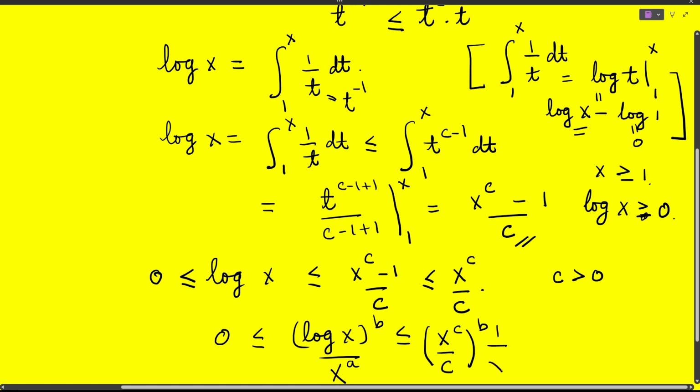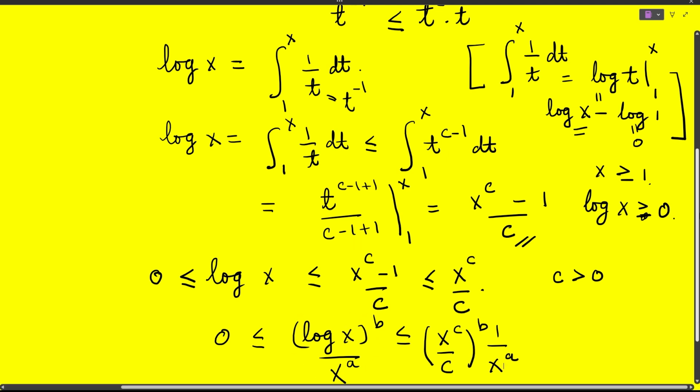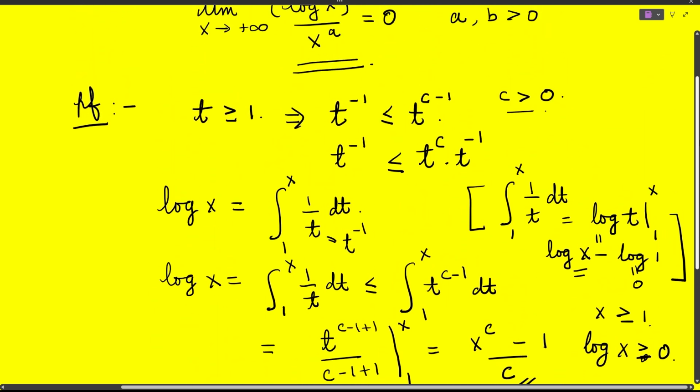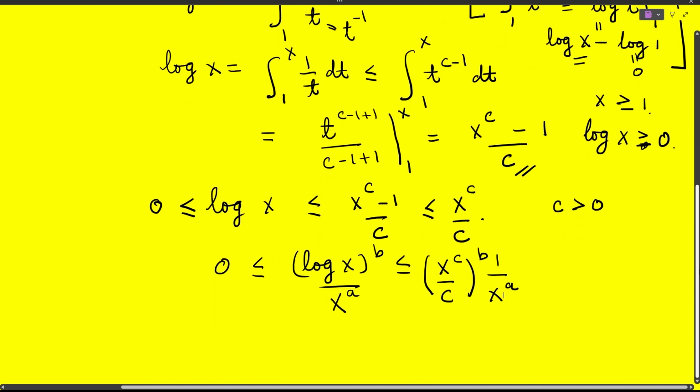You are trying to get an estimate for this particular term, which is the limit that we want to estimate. We want to estimate the limit of (log x)^b divided by x^a. So you have this here.